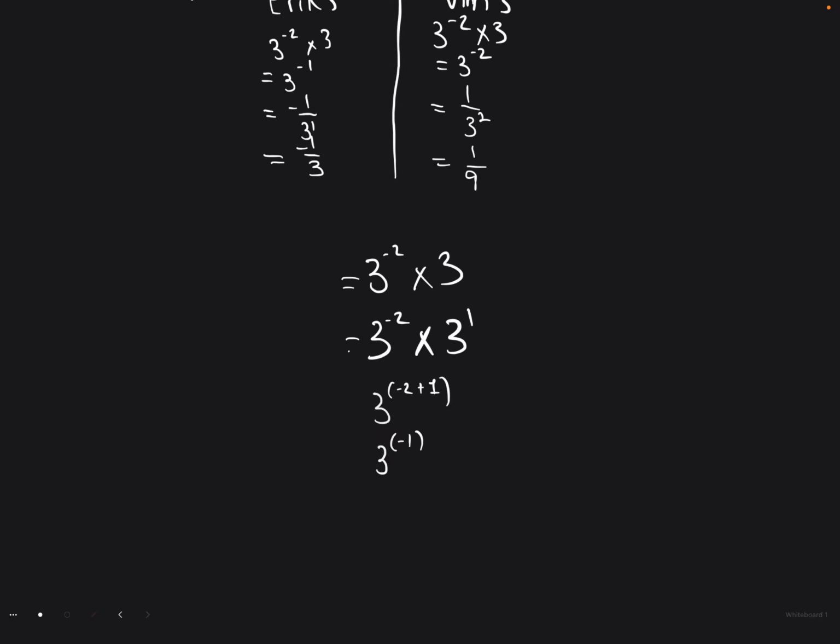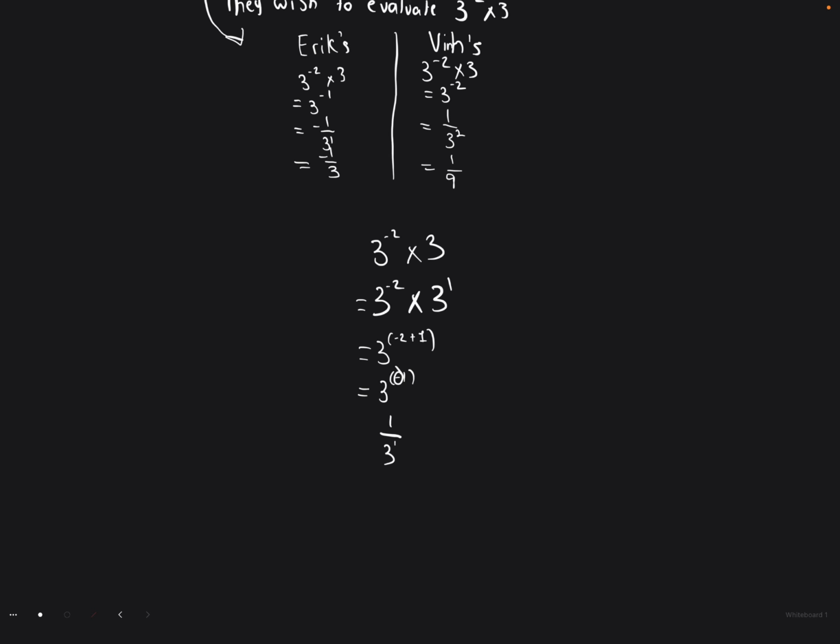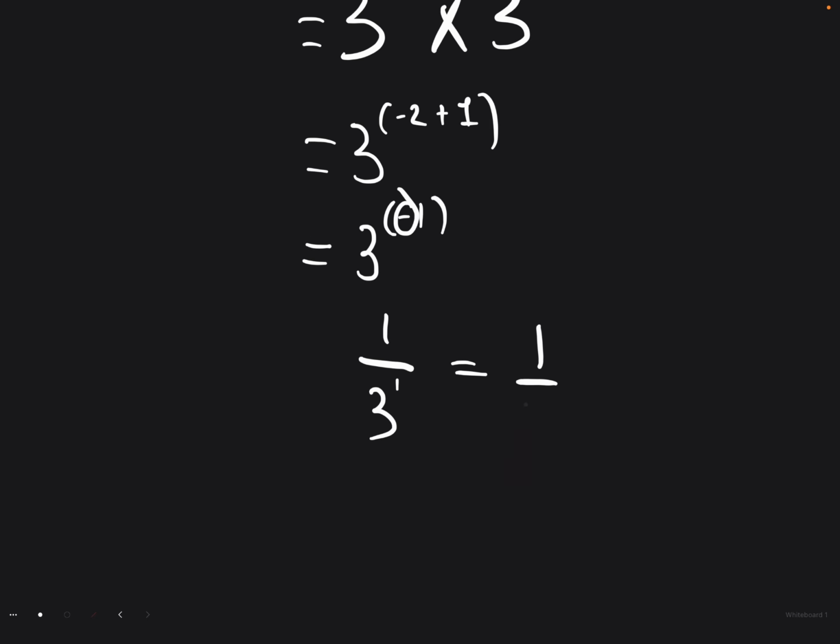Now from here, since there's a negative sign here, we know that we reciprocal it due to the law of negative exponents. So this becomes 1 over 3 raised to 1, right? Which is also 1 over 3.